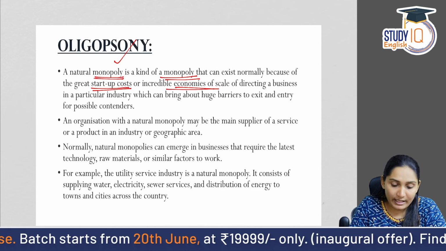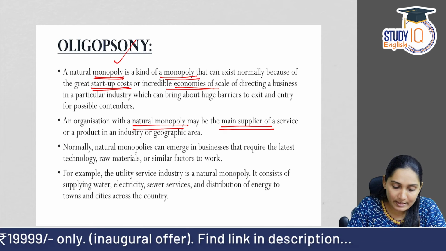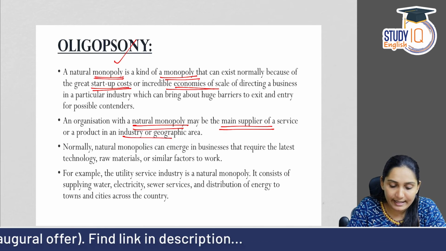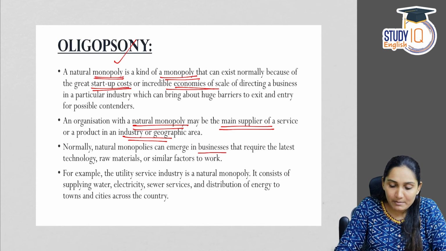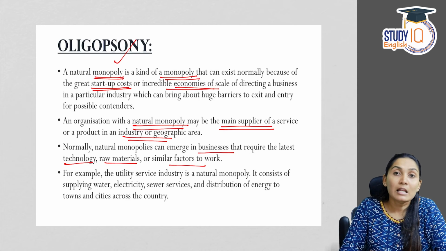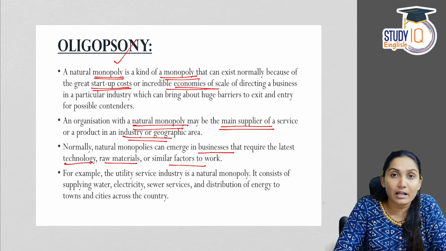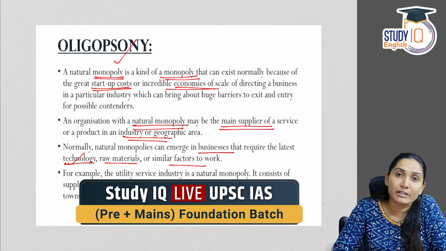An organization with a natural monopoly may be the main supplier of a service or a product in an industry or a geographical area. They can emerge in businesses that require latest technology, raw material, or similar factors of work. This is because of natural reasons. Maybe the raw material are not available to everyone, or maybe that it needs a latest technology which is available only with one firm.